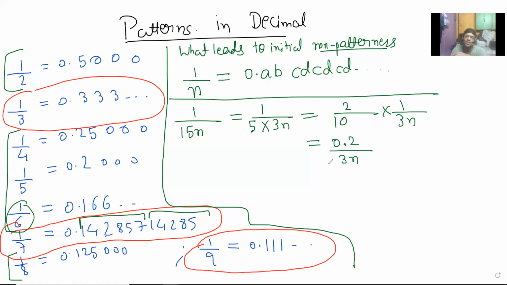But then can we use this to say something? I wanted to show that from this thing directly, does anybody see how we can say that in the decimal expansion there will be some initial non-patternness?